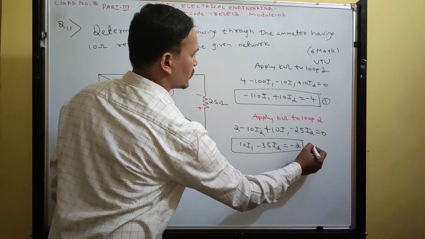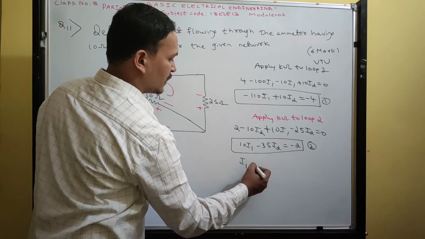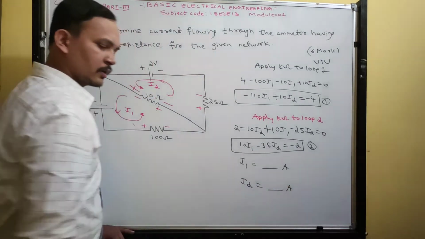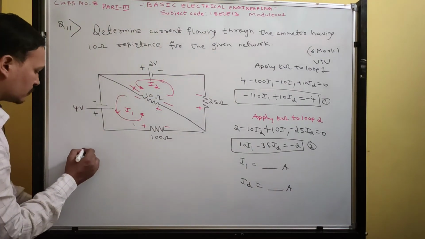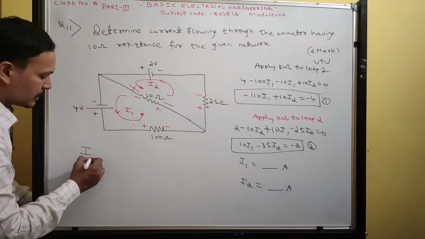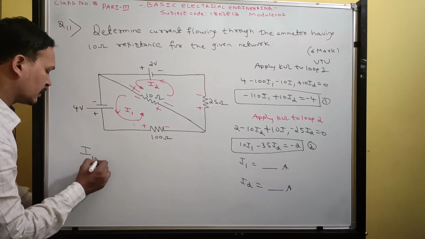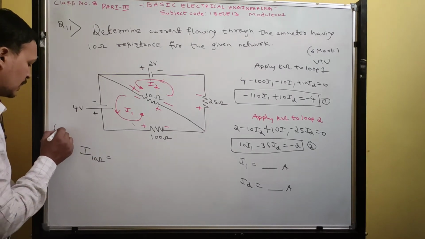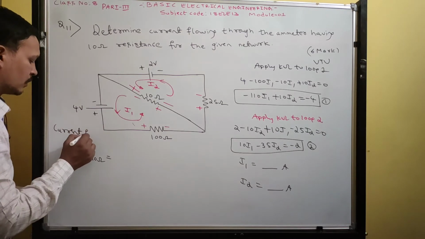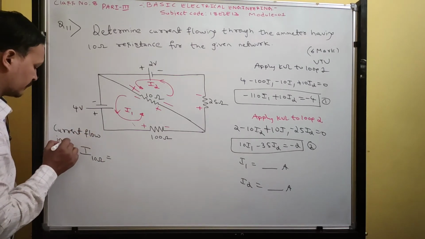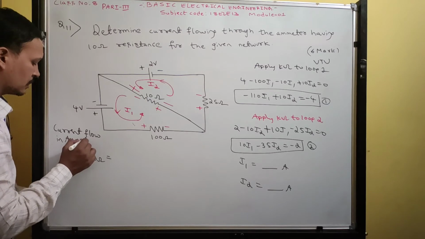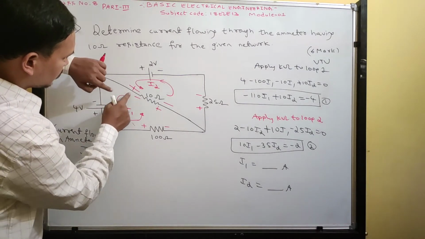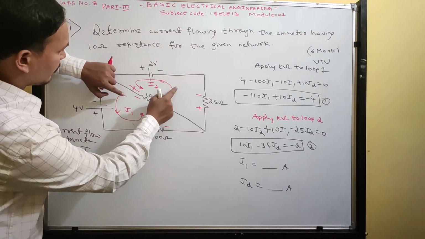Solve these two equations and you will get I1 and I2. Finally, what did the question ask? The current flowing through the ammeter. The ammeter has how many ohms of resistance? 10 ohm. So what I am finding is the current flowing in the ammeter, I10 ohm. Now see the direction of the current. This current I1 is coming like this and that one is coming opposite.